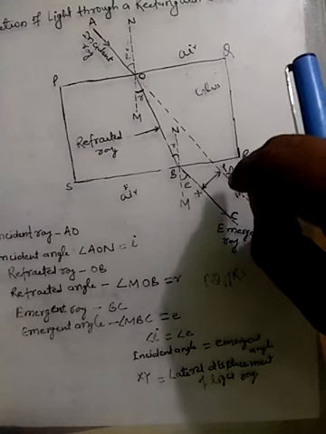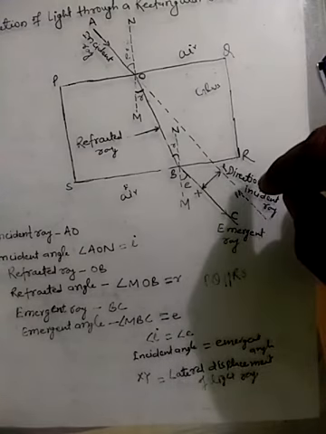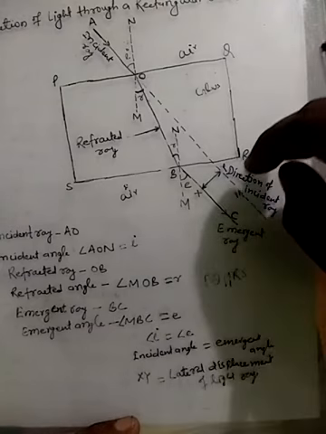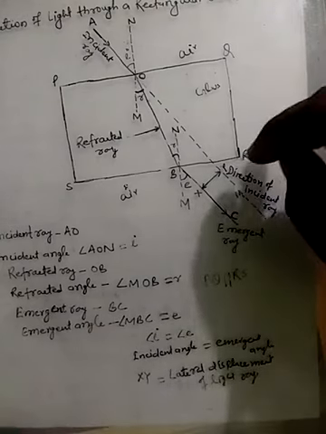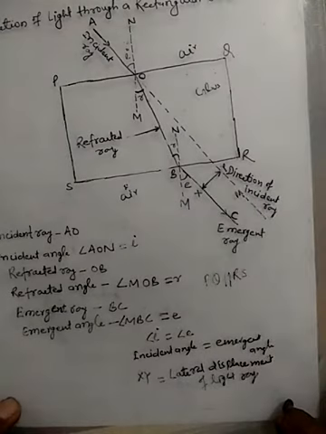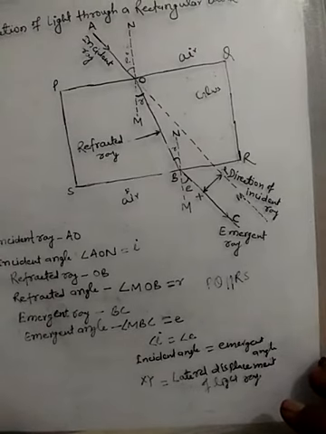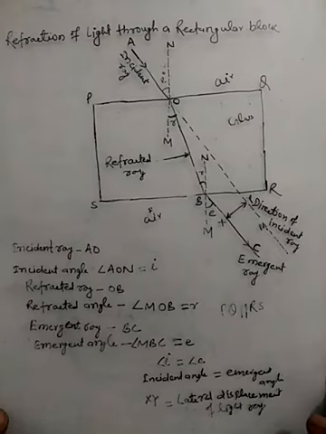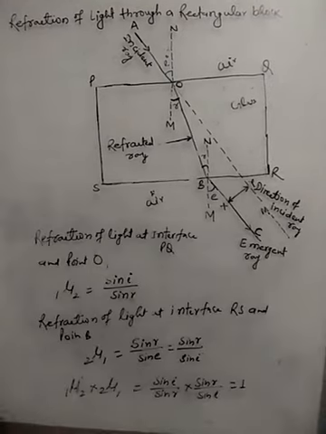Therefore, this represents the separation of the emergent ray from the direction of the incident ray, which is expressed as the lateral displacement of the light ray when moving from a rarer to a denser medium.